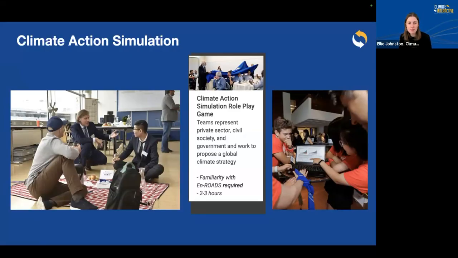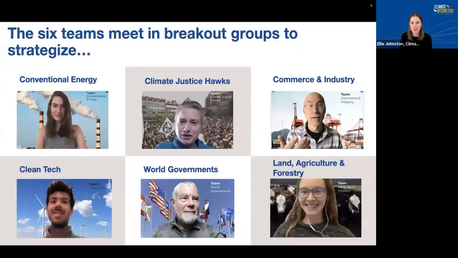So it enables participants to either set aside their personal opinions, or if they don't have necessarily a lot of opinions about these climate solutions, learn about them and learn about the different stakeholder interests that are at play, and get to role play it. It's a lot of fun, and as well gets people into some really heated conversations.